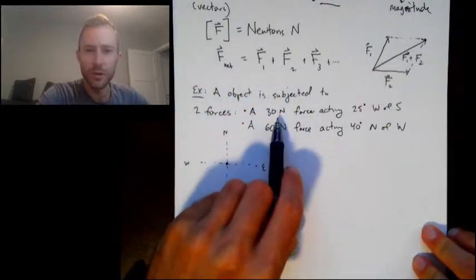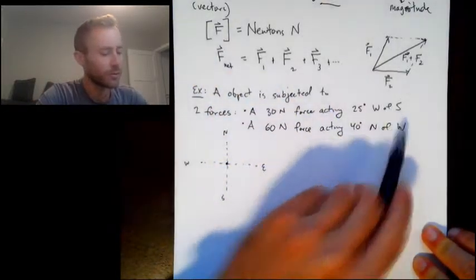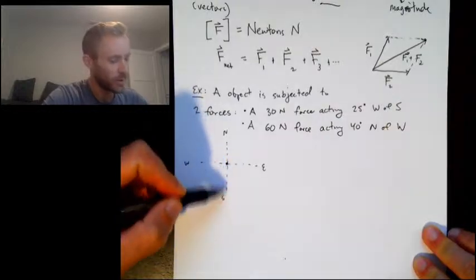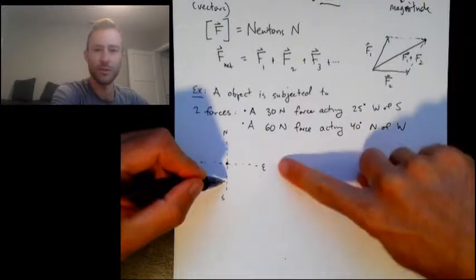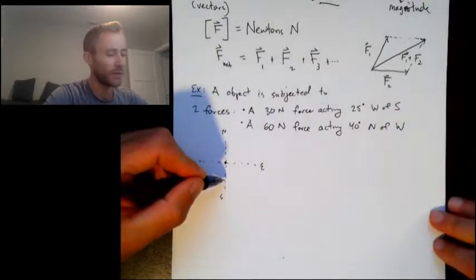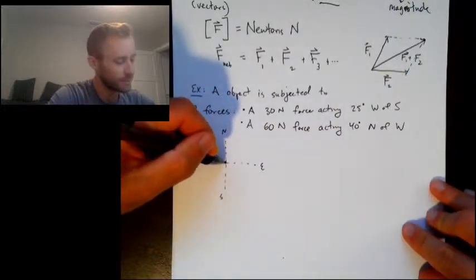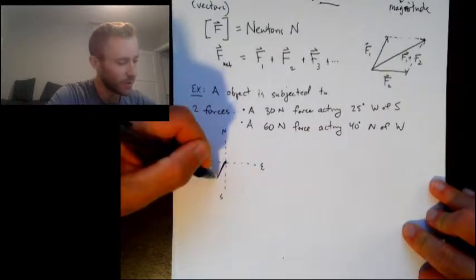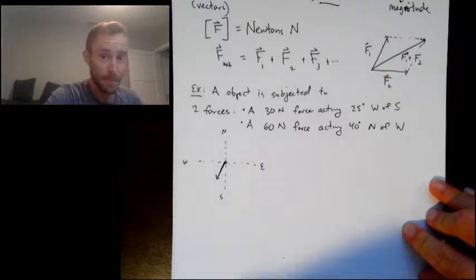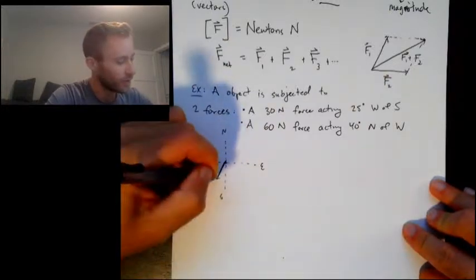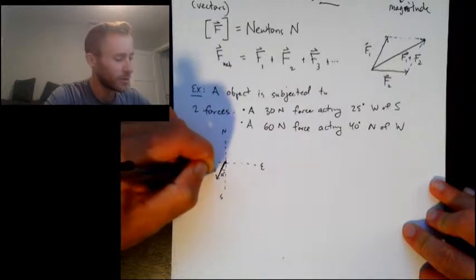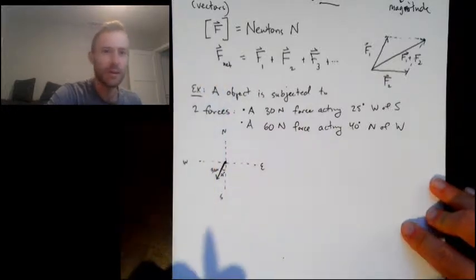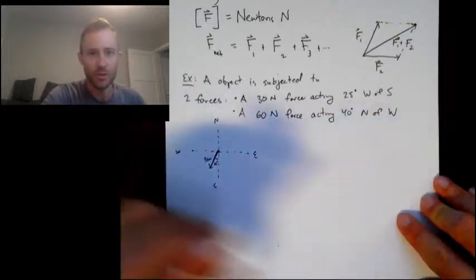So we start with the southward direction, and we go 25 degrees west of that. East is over here, so we rotate 25 degrees in the westward direction, maybe something that looks approximately like that. This angle right here is 25 degrees, and this length is 30 newtons. I know that's hard to see, but I'm going to draw it bigger in a second.